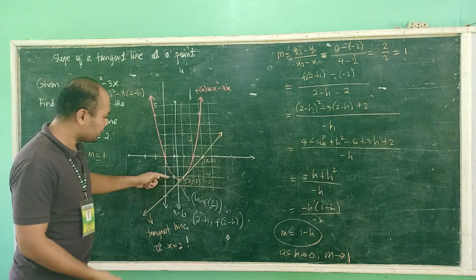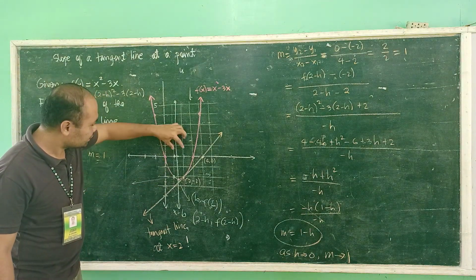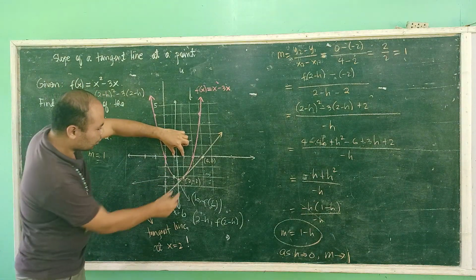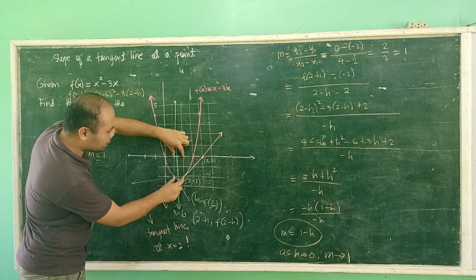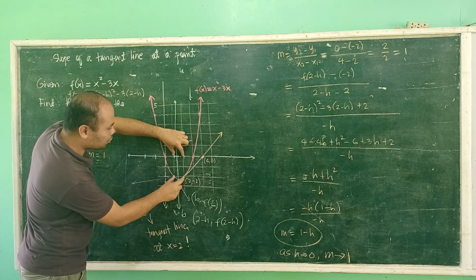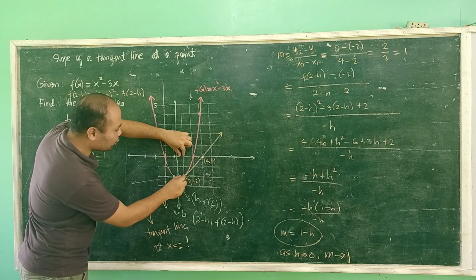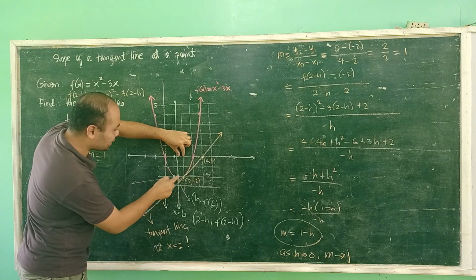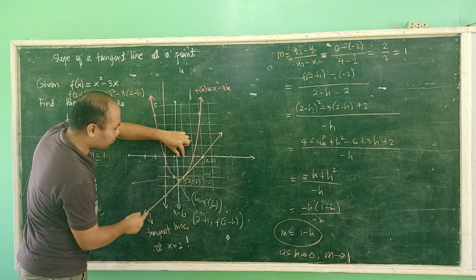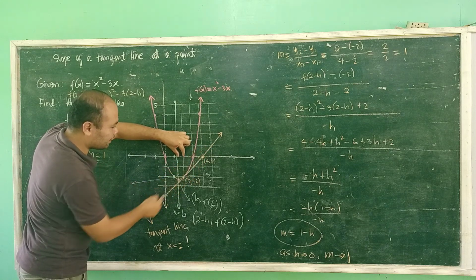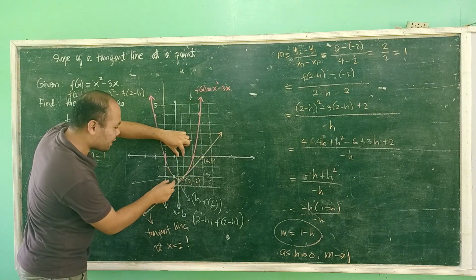So what does that mean here? If you allow h, the distance between 2 and b, to be very small, the slope of the second line will eventually become the slope of the tangent line.